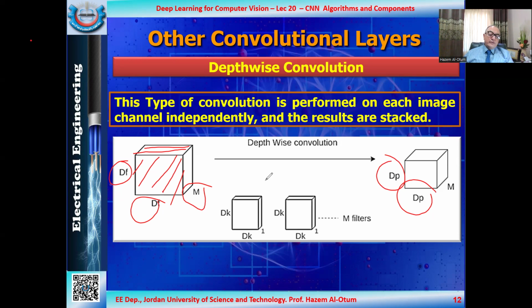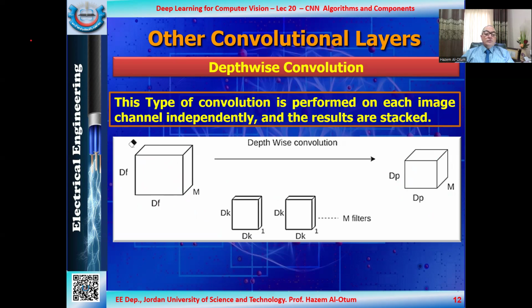So there is no channel information to be transferred. We only take every layer of the channels without considering the other layers in our calculations. This is called depthwise convolution.